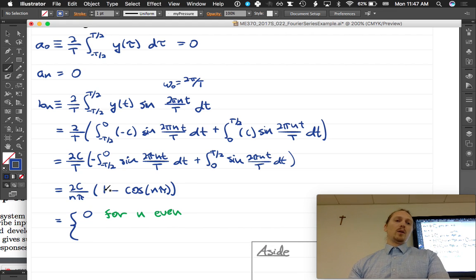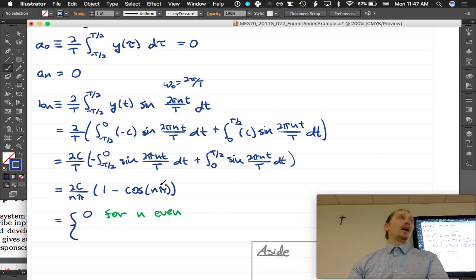So same still holds. 0 times anything is going to be 0. But in the second part, we have 2c. So if cosine of pi, wait, we said cosine of pi is 0? It's negative 1. So that's 1 plus 1 is 2 times 2 is 4c divided by n pi.